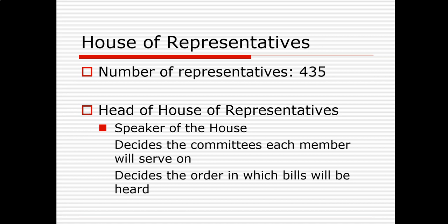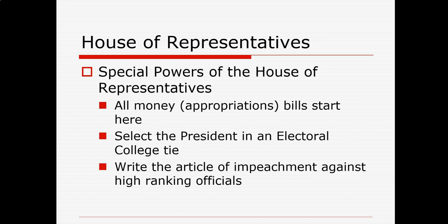This can actually kill any legislation that could be in there. For example, if the Speaker of the House does not like a law on immigration and he or she does not want to hear it, guess what? That legislation is dead, and it's a very powerful position.